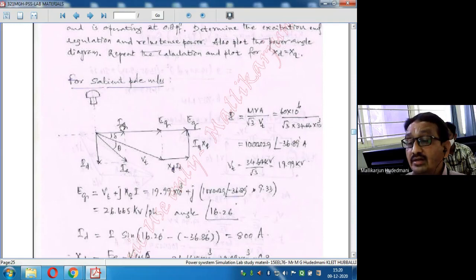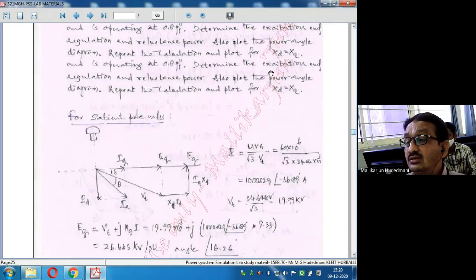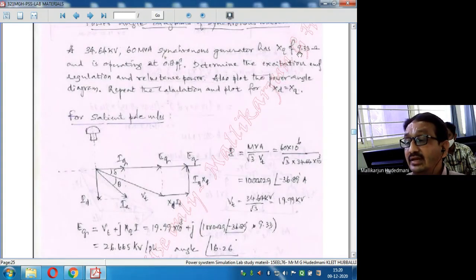When I operate Iq with the quadrature axis reactance Xq, given in the problem 9.33, and take the product with the computed current Iq, it represents the quadrature axis voltage drop, which should again be at 90 degrees with respect to it. You can see the vector Iq into Xq, with 90 degrees here.